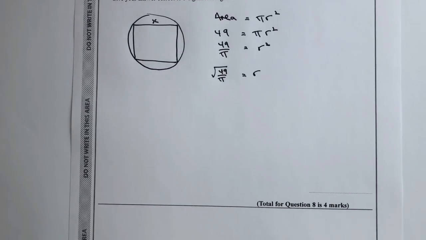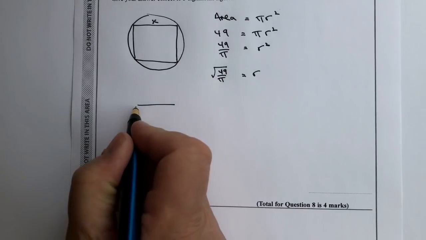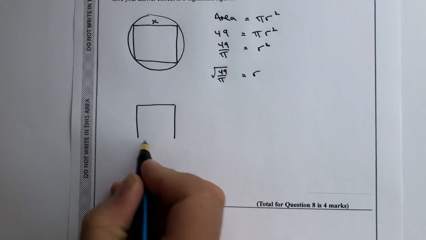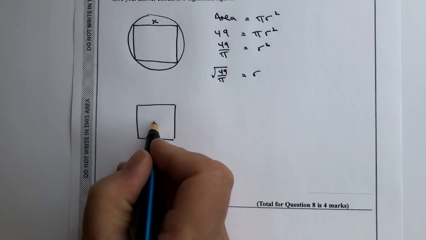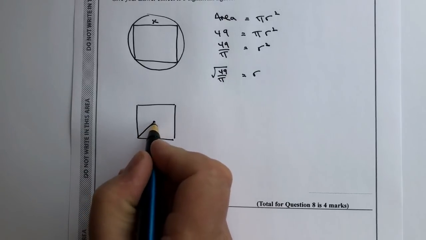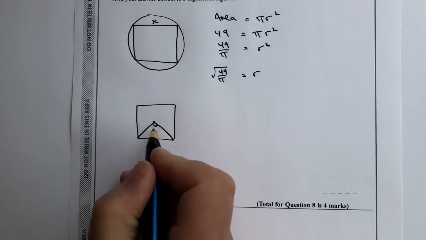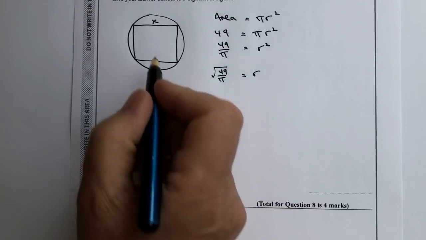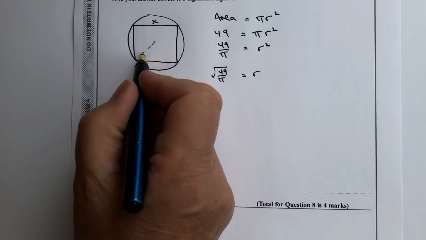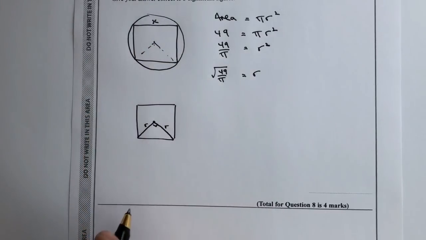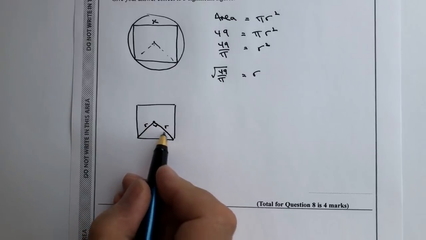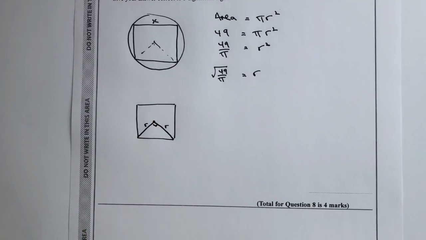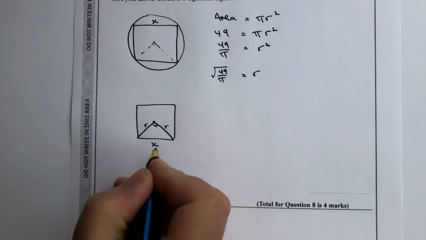If we know the radius is this root of 49 over pi, then imagine the square inside the circle. The lengths from the center of the circle to the corners, along here and along here, are both the radius. So we've got a right angle triangle, and don't forget we're trying to work out the value of x.